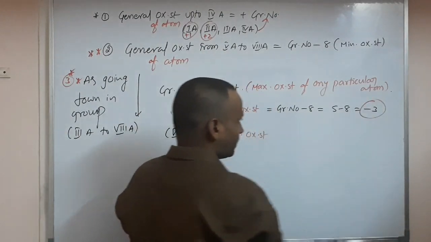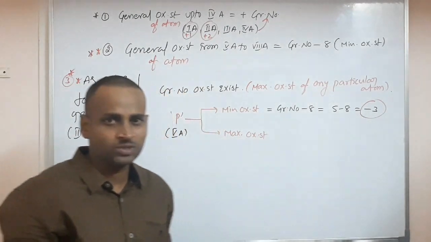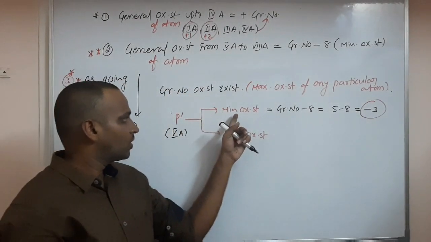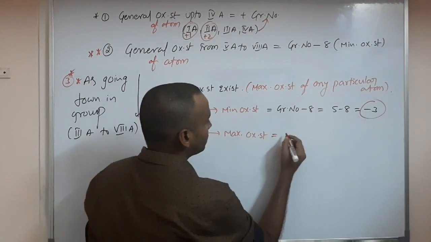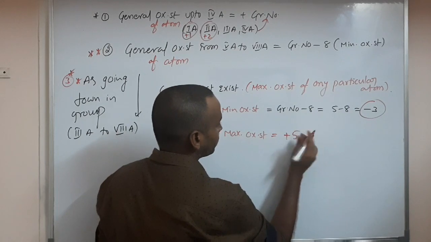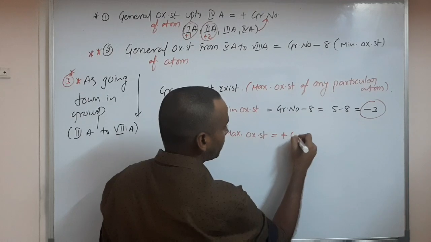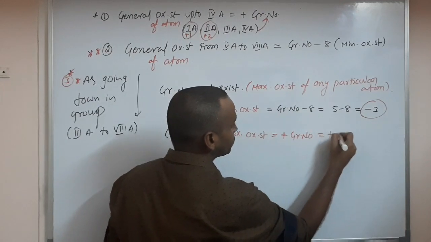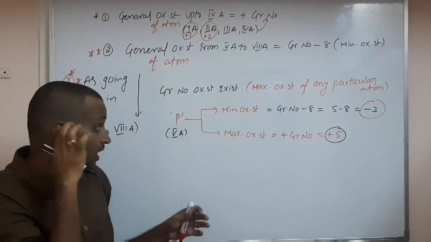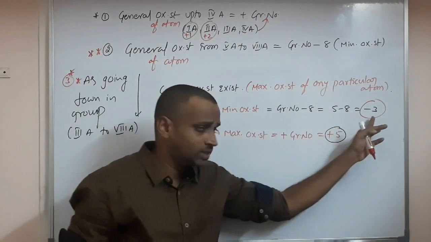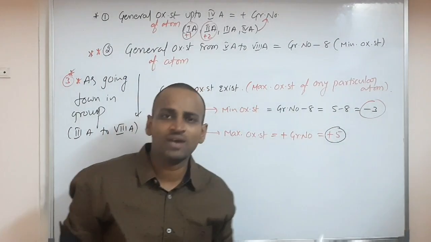So -3 is the minimum oxidation state. Can -4 be possible? No, not at all possible. So minimum oxidation state is -3 and maximum oxidation state is +5, because maximum oxidation state is plus group number. Plus group number means +5. So very clear: phosphorus minimum oxidation state is -3 and maximum oxidation state is +5.